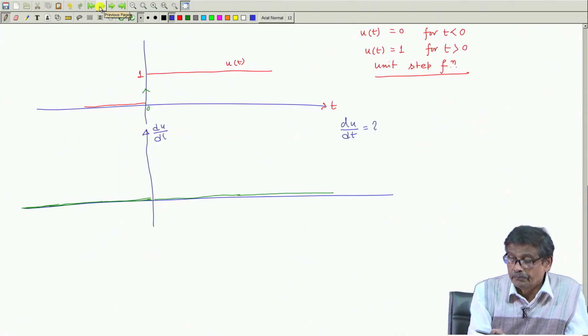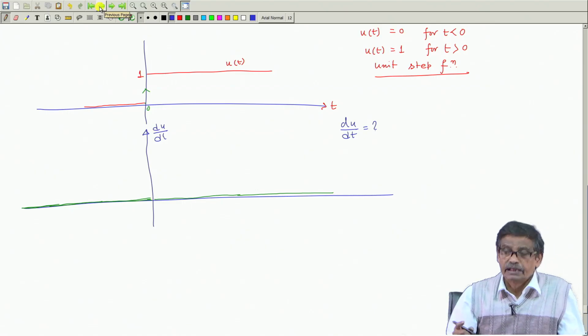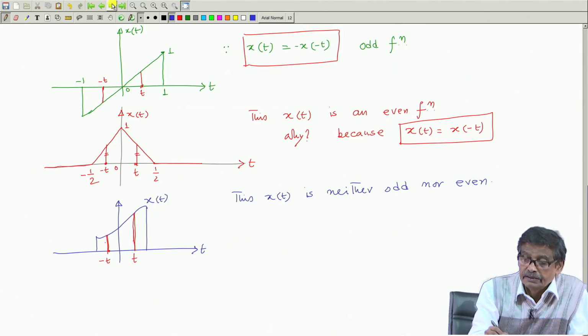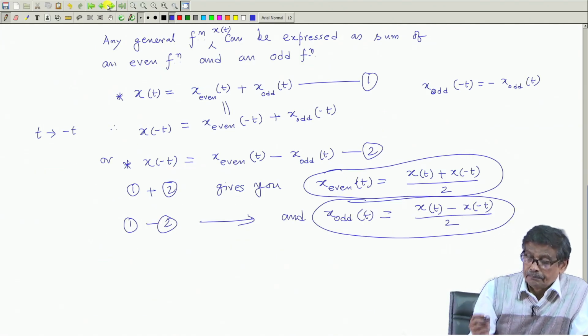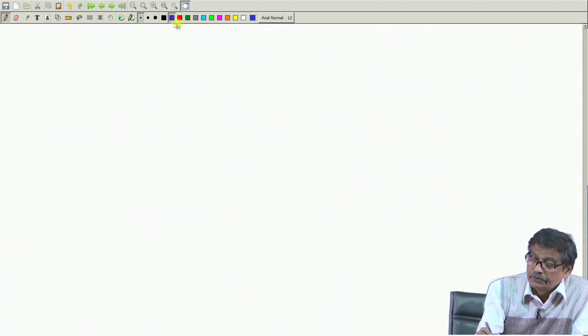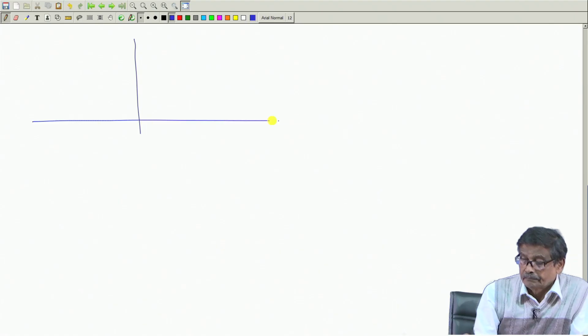This was my problem: u(t) is given, I want to find out du/dt. So, I come back here. Once again I redraw better. This is a unit step function.